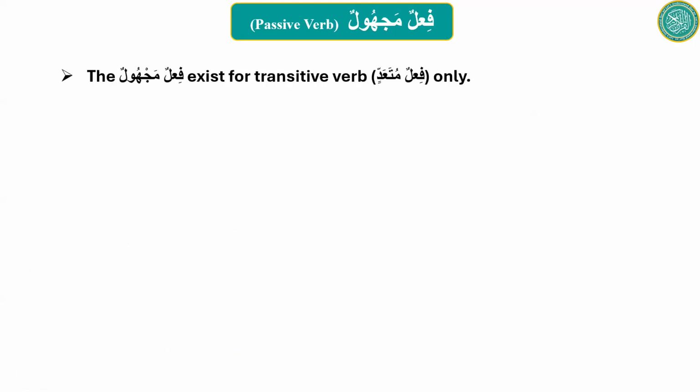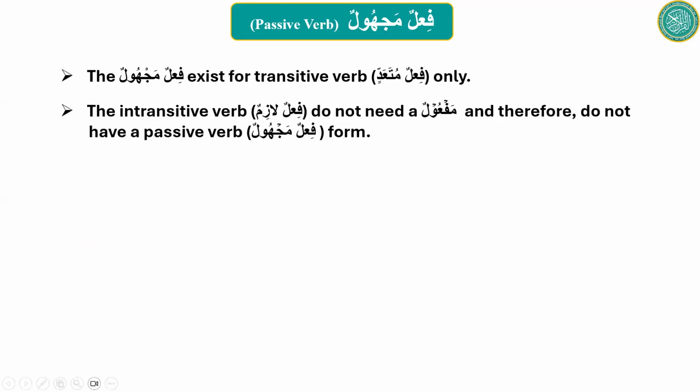So what is it? As you were saying before, fail majhul exists for transitive verbs only. For intransitive verbs, who do not have a maf'ul, they will not have a passive form. They will not have a fail majhul. For example, karuma, in Bab karuma, there was no maf'ul for any of the words in that chapter.